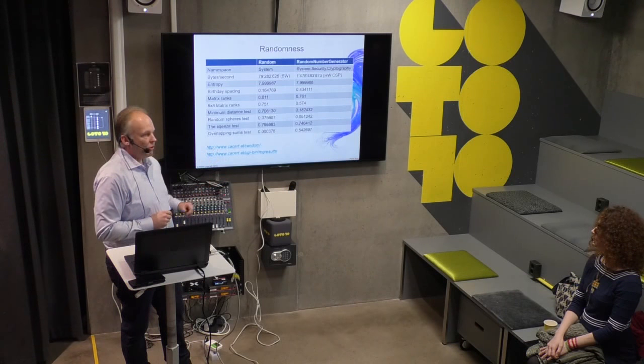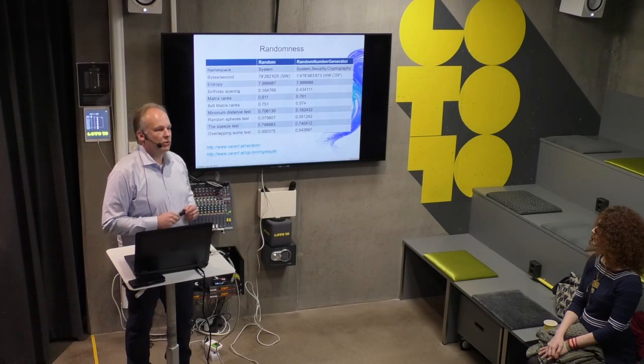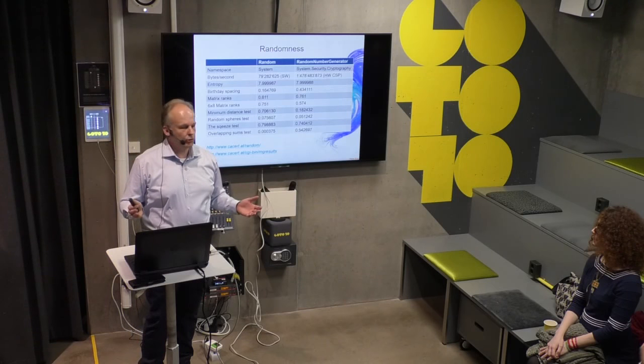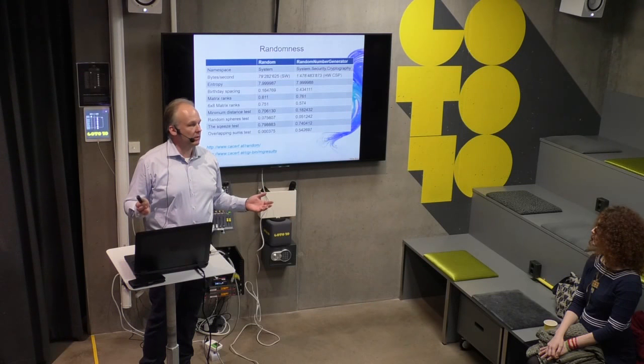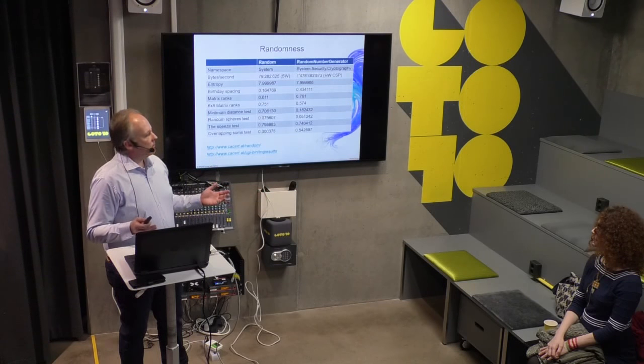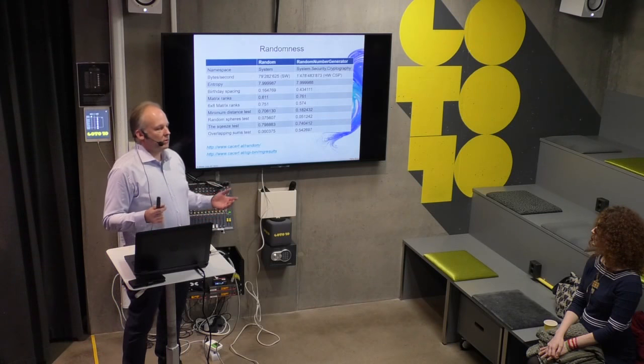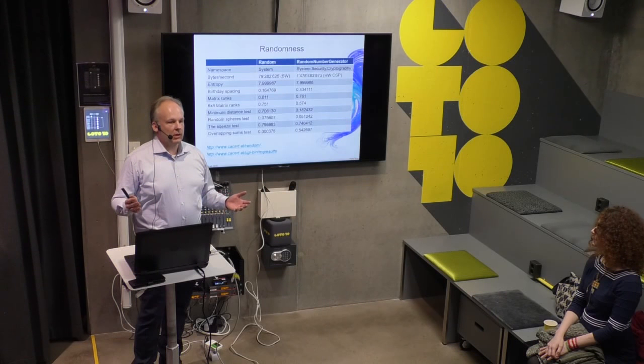There are services on the internet you can use to validate how good your random numbers are. And how do you validate a random number generator? So what you do is, or what they do, they create statistical models or probabilistic games, you can say.